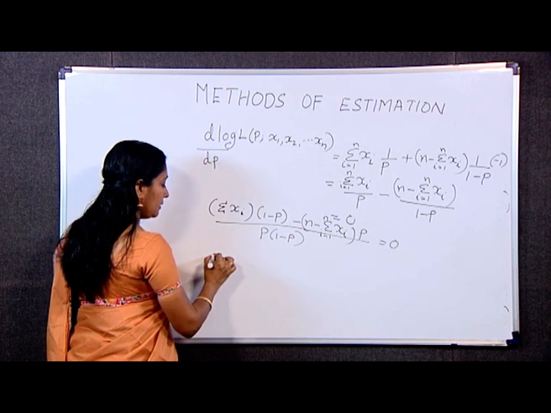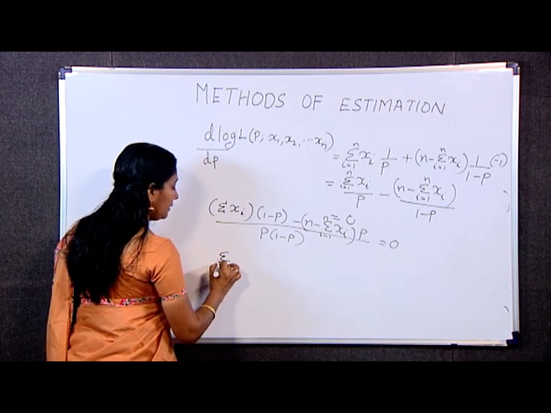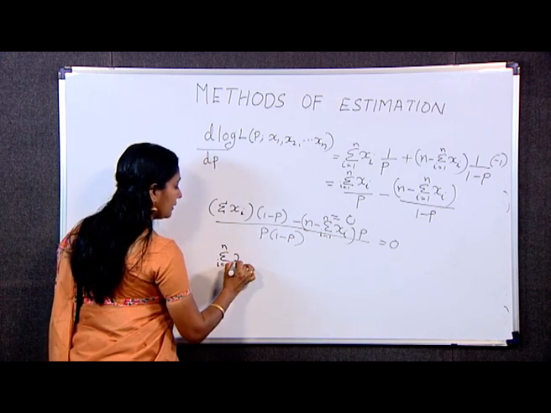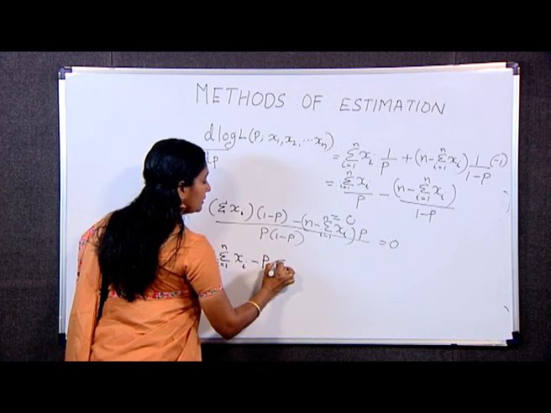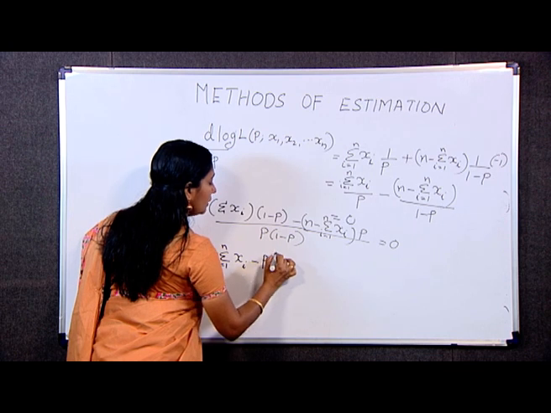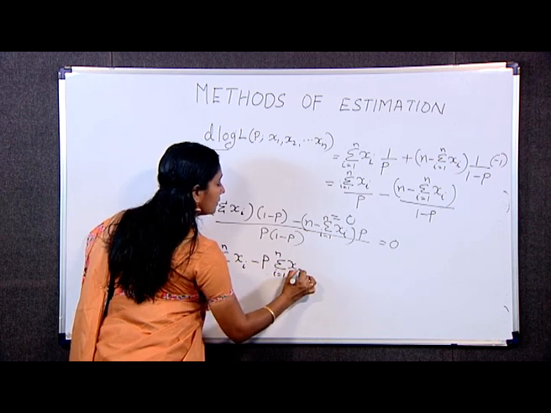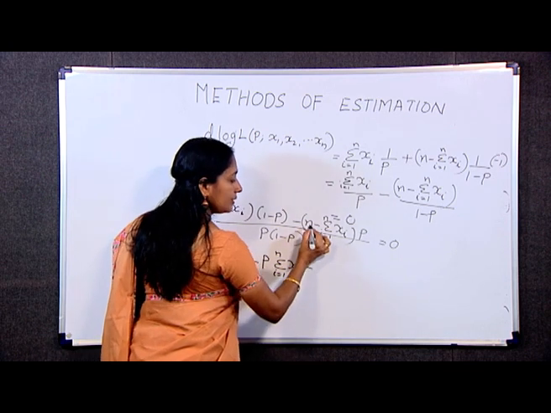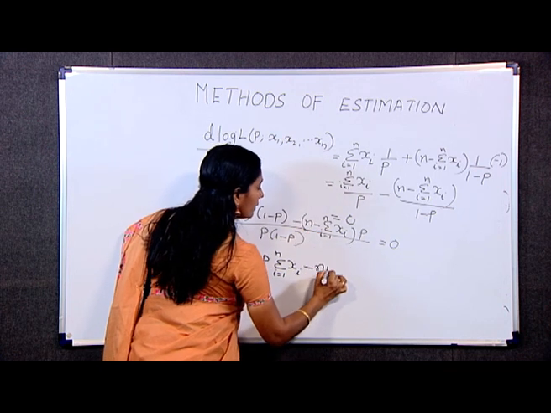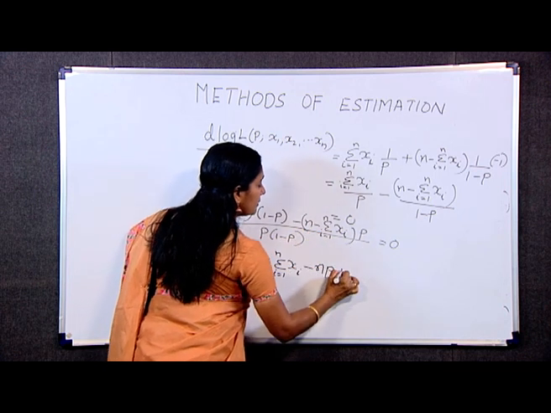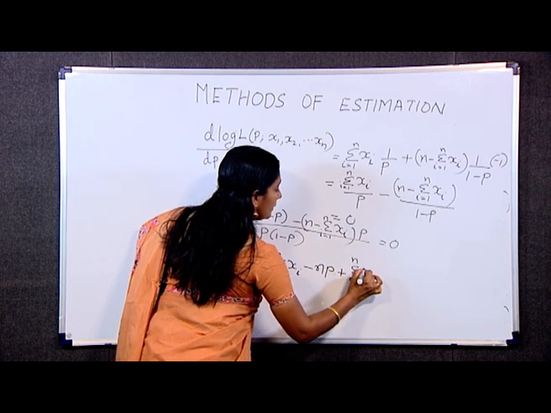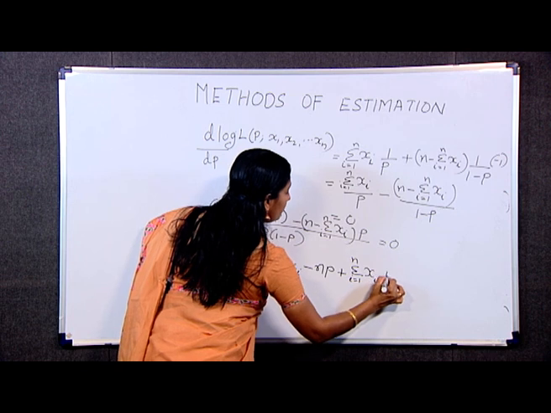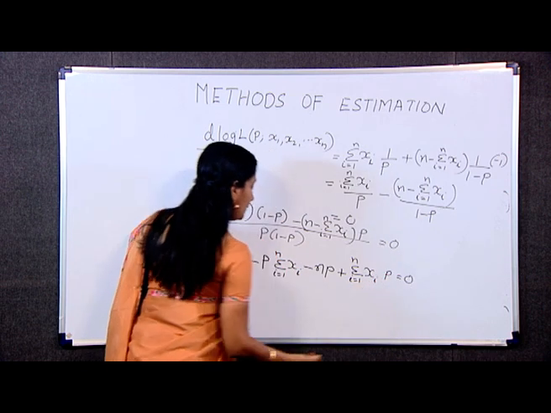Simplifying the numerator, we get summation i = 1 to n xi minus p into summation i = 1 to n xi minus n into p plus summation i = 1 to n xi into p is equal to 0.